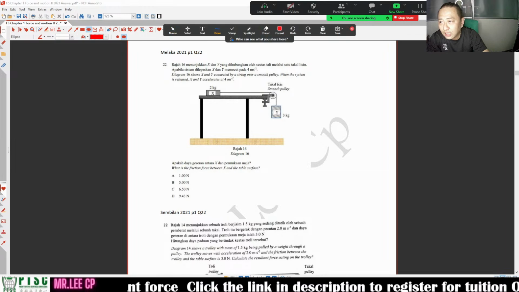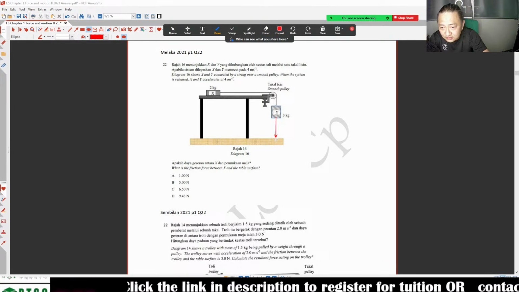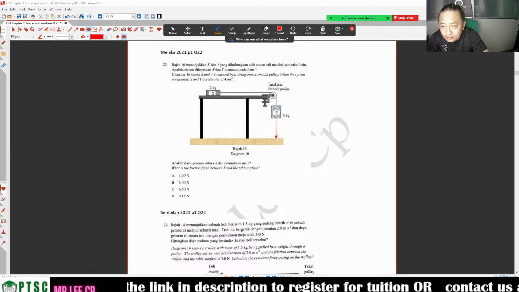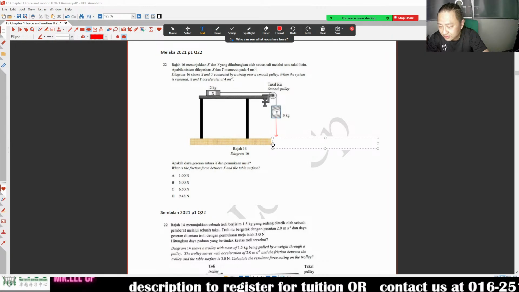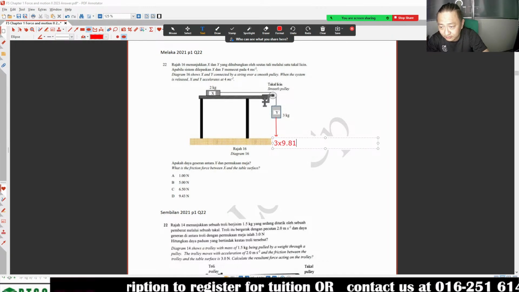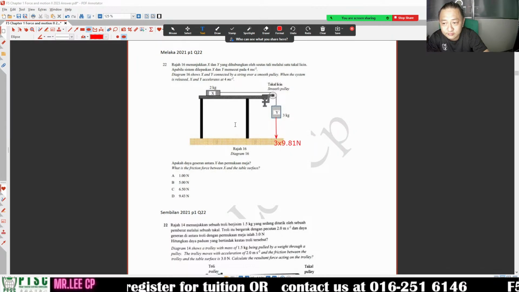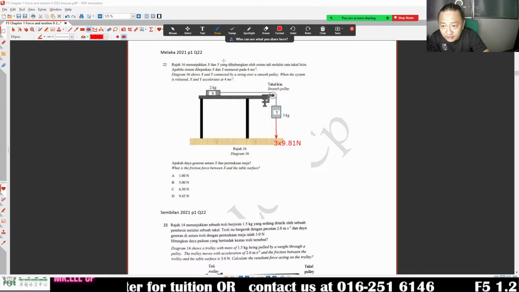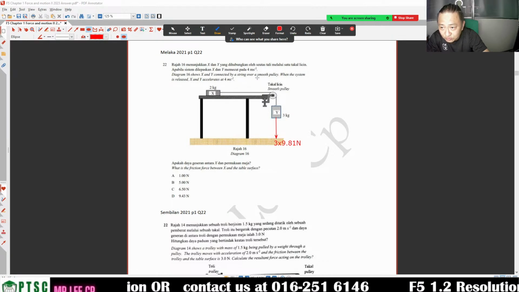Now I want you to try to do this one. Here you have one weight, 3 times 9.81 Newton. The diagram shows X and Y connected by a string over a smooth pulley.